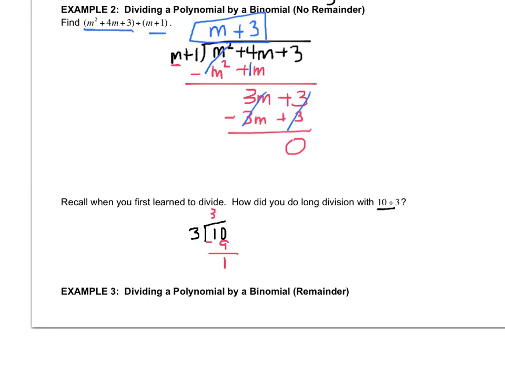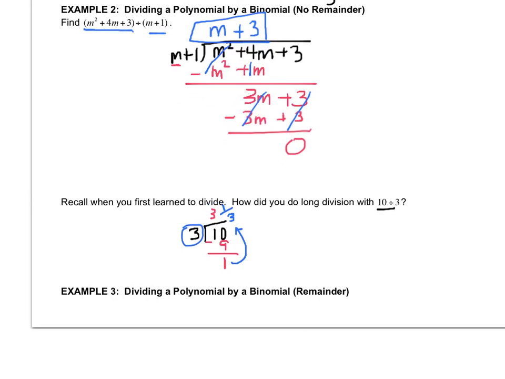And then you could add a 0 and keep going. But what I want us to do now is bring the 1 up and divide it by 3, because that was the divisor. So the answer was 3 and 1/3, and we did that by turning the remainder into a fraction.